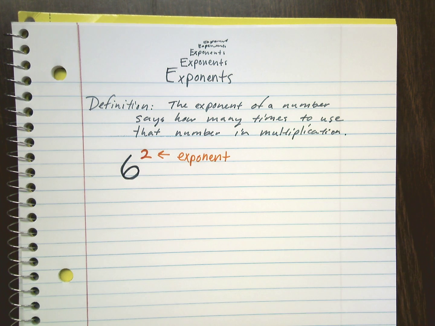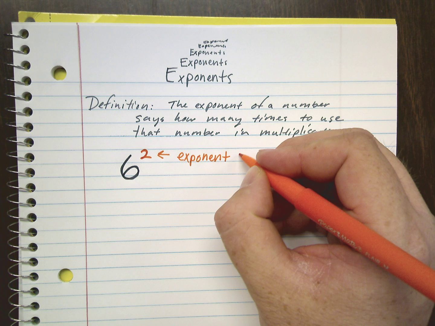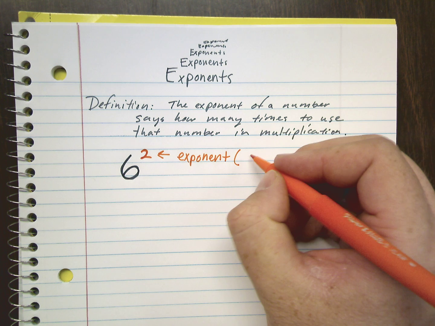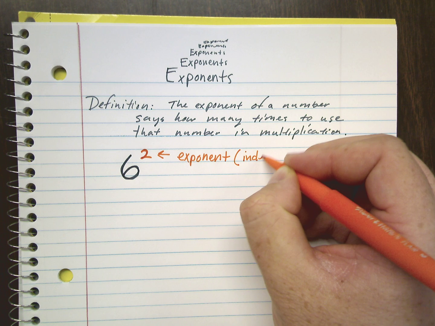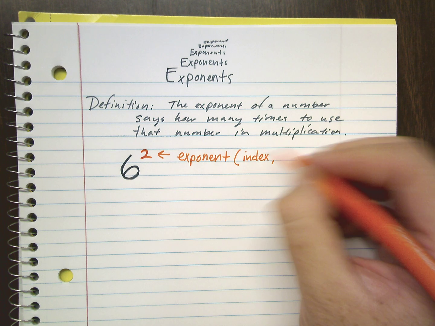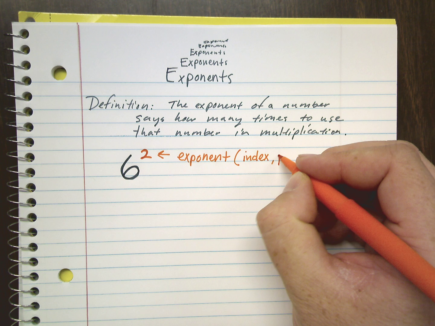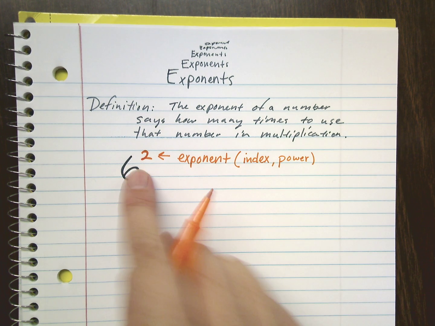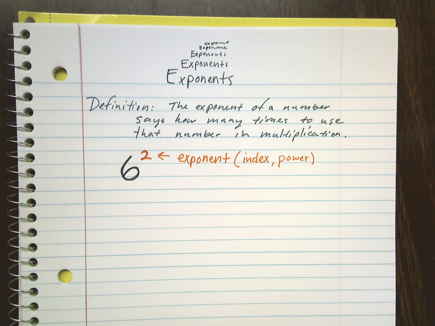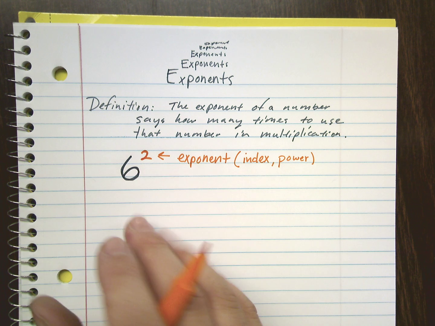They also have a couple of other names for it. I don't see this one very often, but index. One you'll see more often is power, to the power of 2. Or the exponent is 2. Some of them have special names.